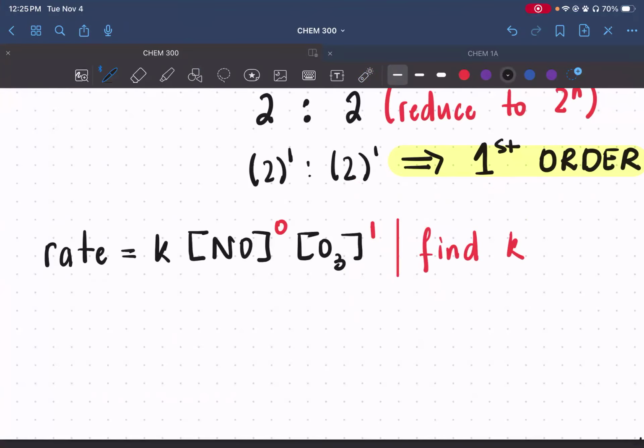Here's what we know based on the equation. We know that rate is equal to that whole bunch. So what we can do to find K is divide both sides by the reactants.